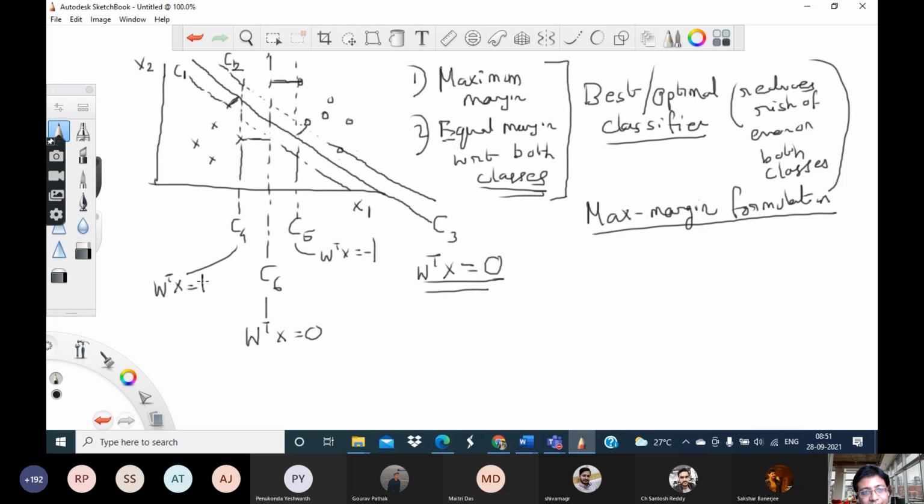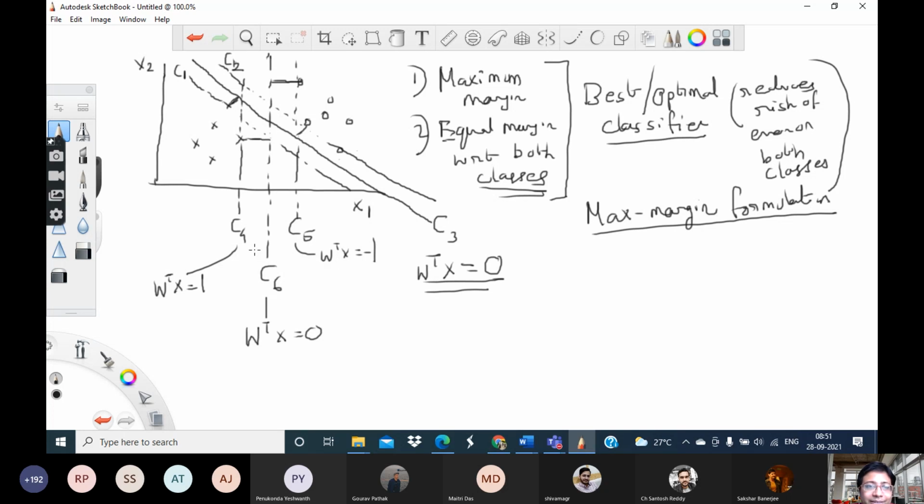The W is the same in both cases. And C6 is defined to be exactly halfway between them, so I write W transpose x equal to 0.